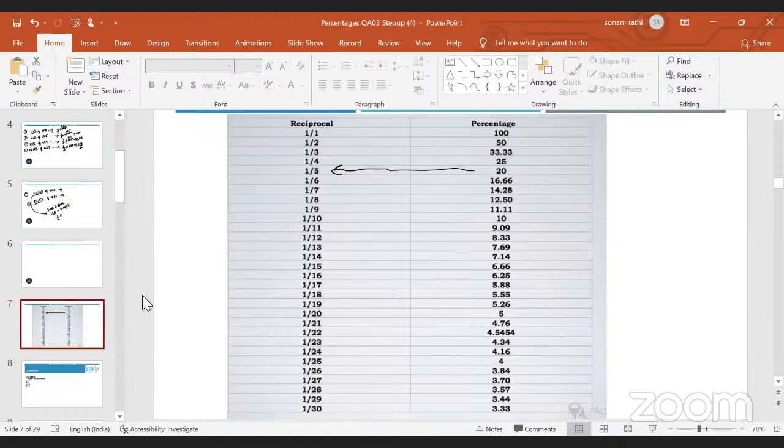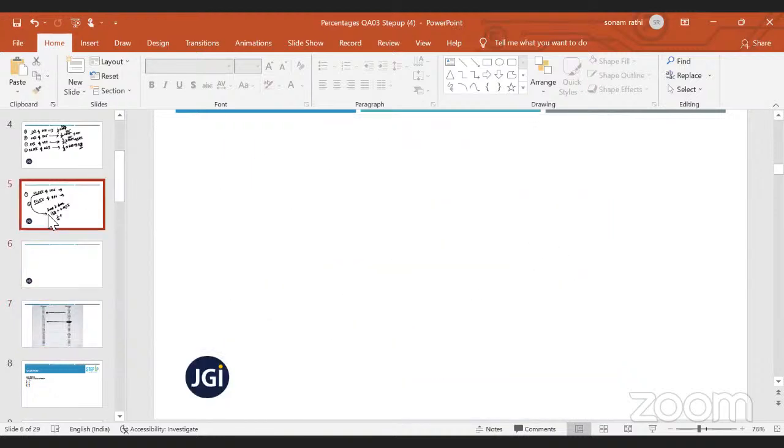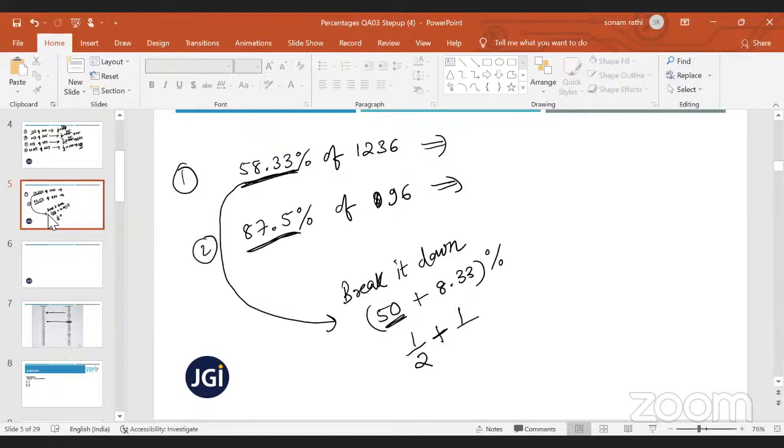Check in your list. 8.33 is 1 by 12. It means I can do 1 by 2 plus 1 by 12. Take LCM 12. This will be 6 plus 1. So 7 by 12. So it means 58.33 is 7 by 12, right?